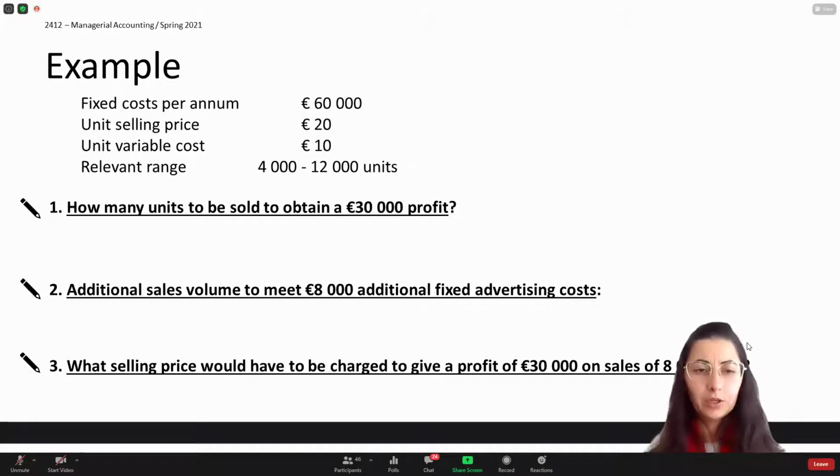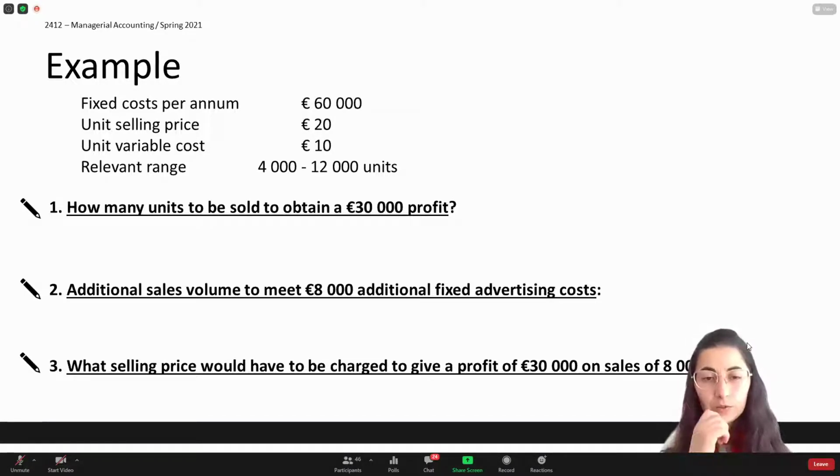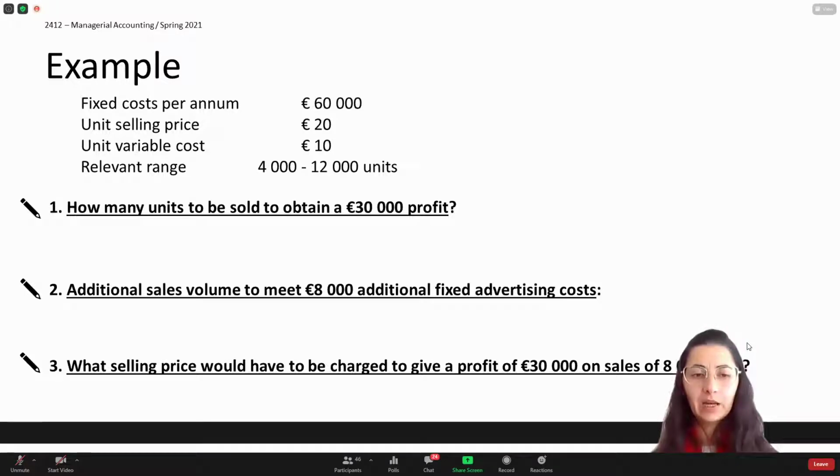So the second question is to know the additional sales volume to meet 8,000 euros of additional fixed advertising costs. I already saved there the second and third question. So we want to know how many extra units we need to sell in order to cover advertising cost of 8,000 euros.